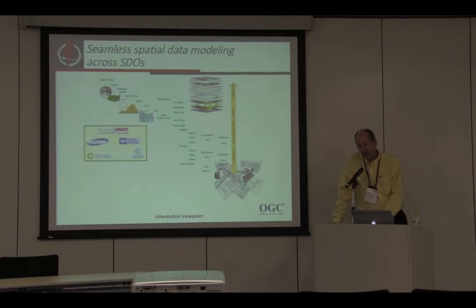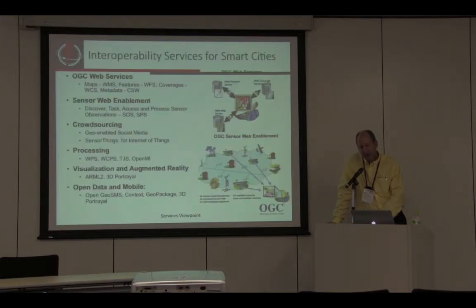So that's a cut at what are the information standards that are needed to make up the information viewpoint of the architecture. The other one then is the services viewpoint. And here we've certainly got OGC web services, sensor web enablement, crowdsourcing, and processing on top of that using OGC standards and others.